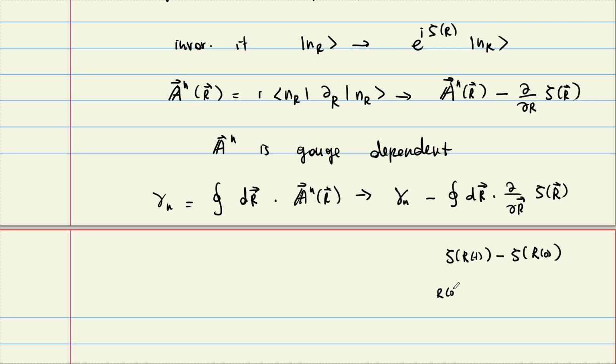Because R of 0 is equal to R of t, and we better have zeta be single valued, right? If it is not single valued, we cannot do quantum mechanics, so this is going to be 0.